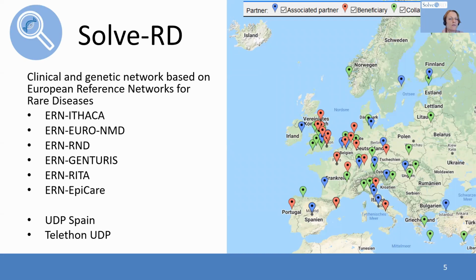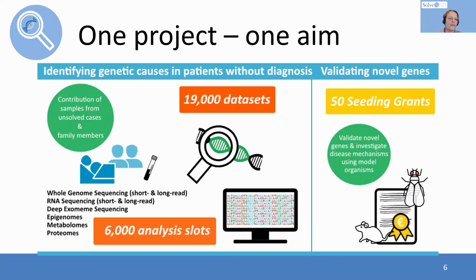This slide now quite impressively highlights the different partners throughout Europe that contribute to Solve-RD. The project is built on a core network of partners from mainly 6 European reference networks for rare diseases and 2 national undiagnosed disease programs. The main aim of Solve-RD is to solve large numbers of rare diseases for which a molecular cause is not known yet.